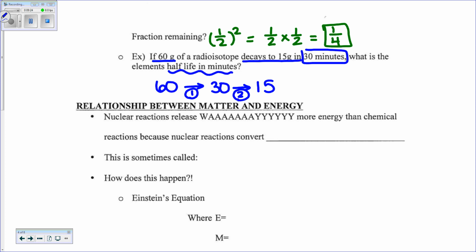So that means 30 minutes total was 2 half-lives. So I go 30 divided by 2, and I get 15. It's a time, so it's 15 minutes. Each half-life must take 15 minutes if I'm going to go from 60 to 15 in a total of 30 minutes.